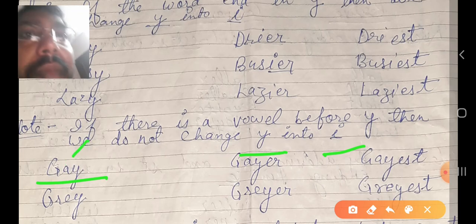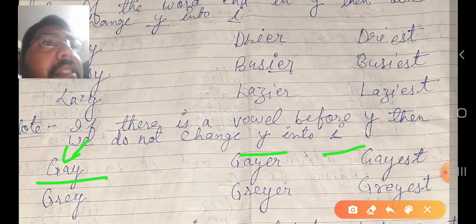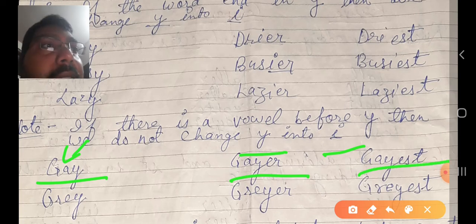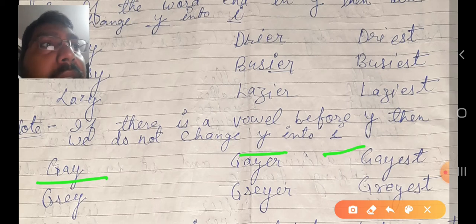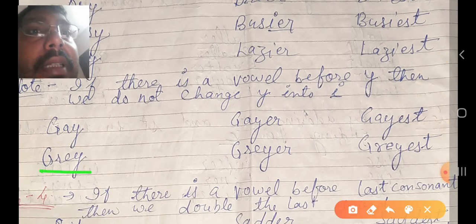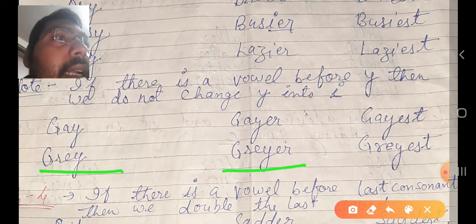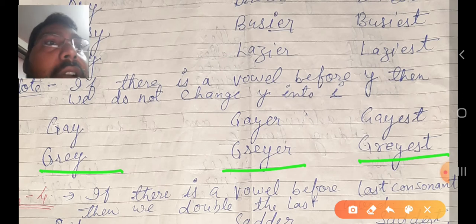So we will not change this Y into I and we simply add ER, like gayer and gayest. In the same way, there is another word grey. Before Y there is E, a vowel, so greyer and greyest. We will not change it.